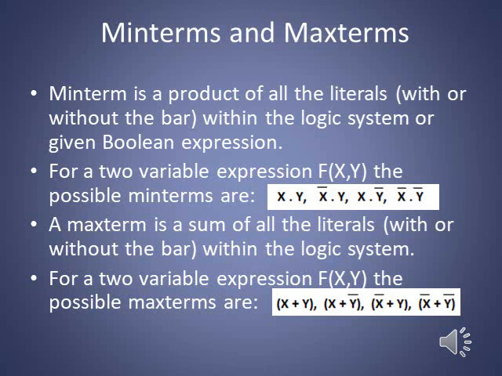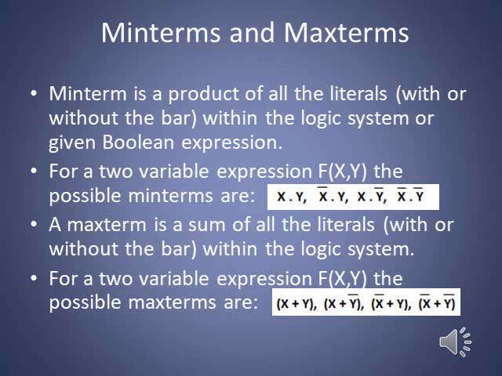A min term is a product of all the literals, with or without bar, within a logic system or within the given Boolean expression. For example, for a two variable expression f of x comma y, the possible min terms are x dot y, x bar dot y, x dot y bar, and x bar dot y bar.